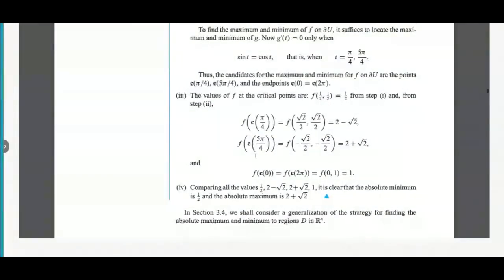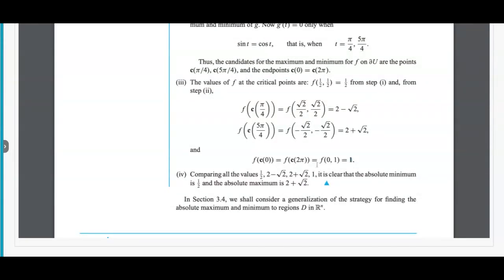Then we just compare them. f at c of pi over 4 gives 2 minus square root 2. f at c of 5 pi over 4 gives 2 plus square root 2. f at c of 0 gives 1. c of 2 pi is the same as c of 0, so we get 1. So obviously 2 plus square root 2 is the biggest value.